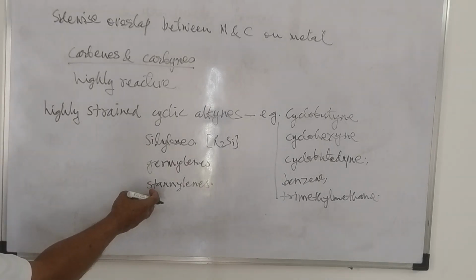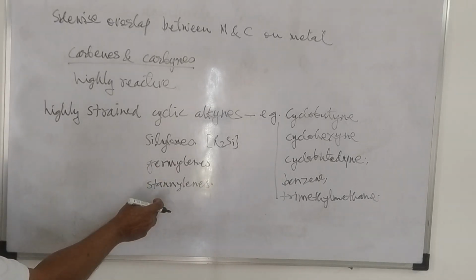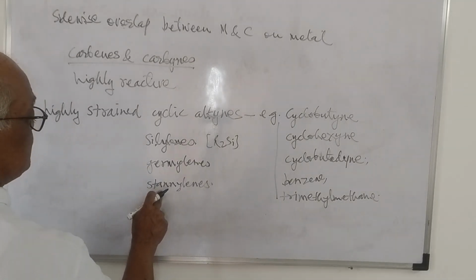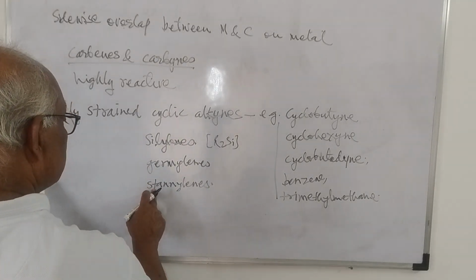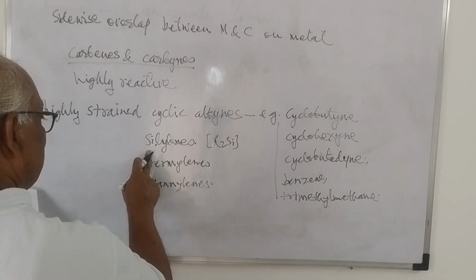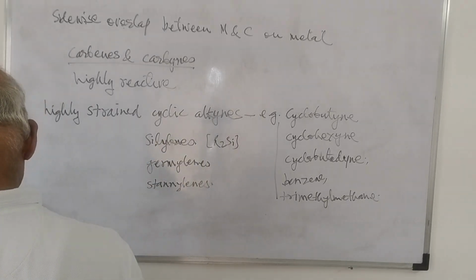So here the metal is Sn, that is tin, germanium and silicon. The metals are different.